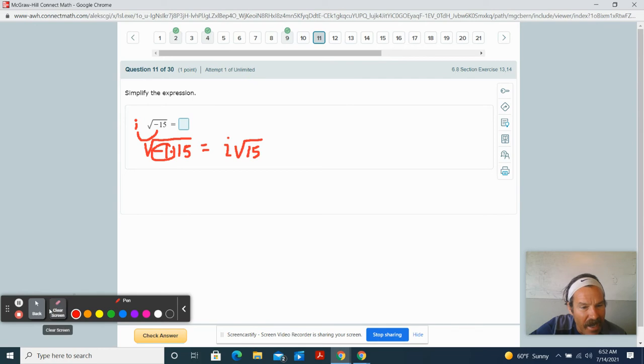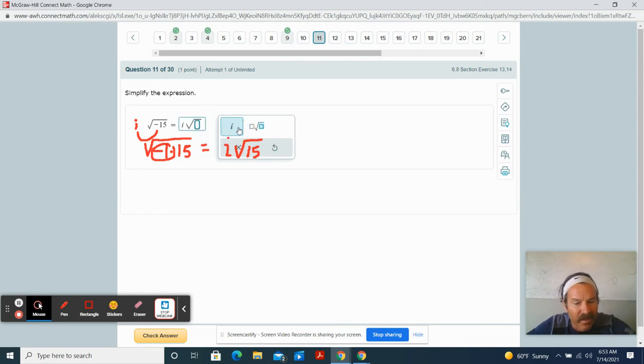So we say i square root 15, and we can use the keyboard, and put i in, square root there, and then 15. You have to use the menu there to make the square root sign.